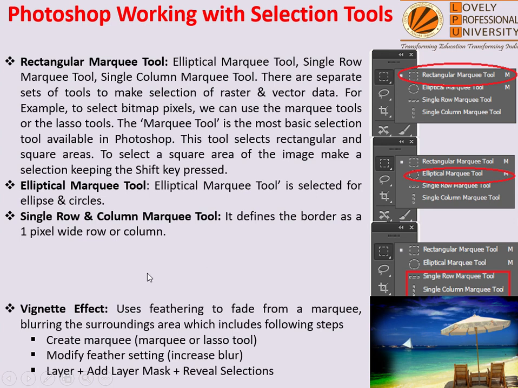Next, the vintage effect. We have learned last time how I can remove the particular options available, and this effect can be put whenever you do the selection using the marquee or the lasso tool, and then you can go to the feather setting where you will apply the layer mask. Then it will make your selection blurred.